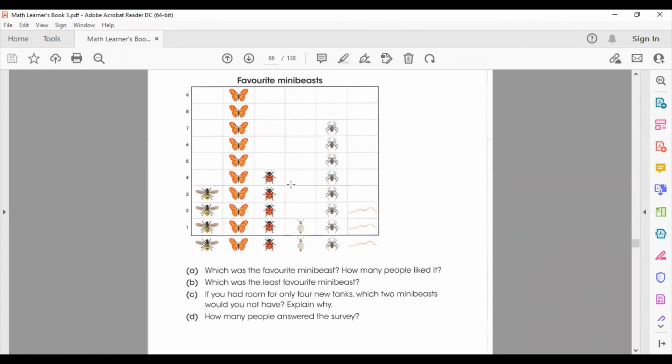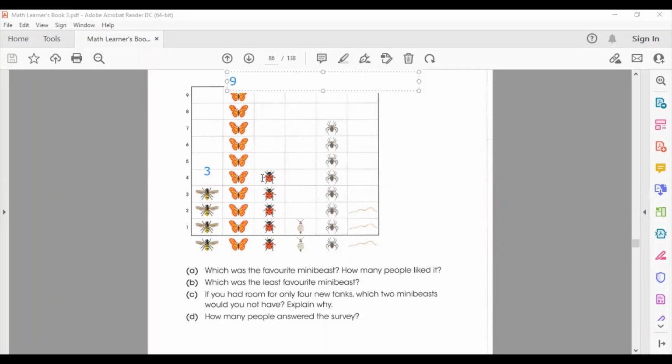Okay, there are 3 mini beasts. Let's start with butterflies: 1, 2, 3, 4, 5, 6, 7, 8, 9. We can write it here, 9.